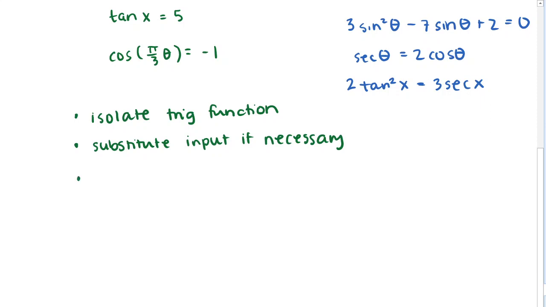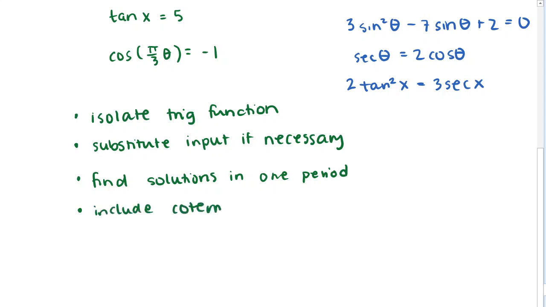And then in this new equation, we're going to find the solutions in one period. Usually there will be two solutions, sometimes there will just be one. And then when we have those solutions in one period, we want to extend these solutions to all the solutions. So we want to include the coterminal angle solutions. And then lastly, we want to reverse the substitution if we substituted earlier.